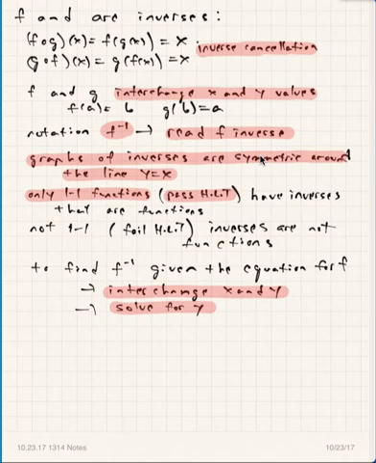All right, so that kind of summarizes everything for inverses. The homework from the textbook is on page 264 of your book.